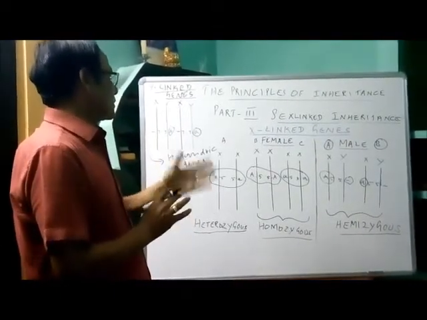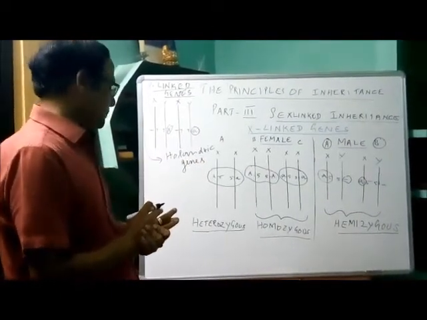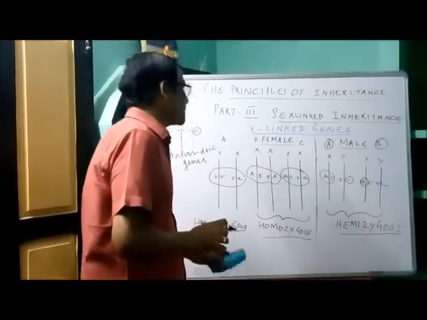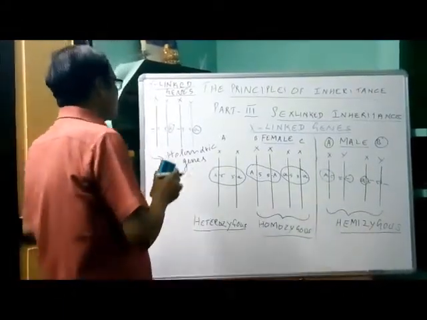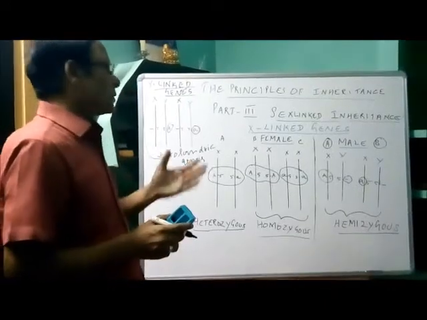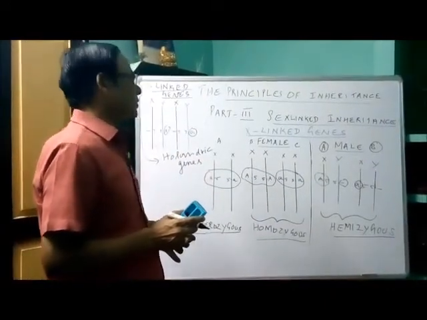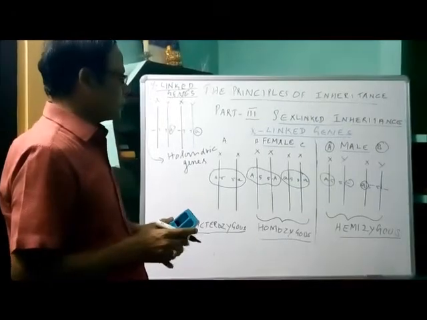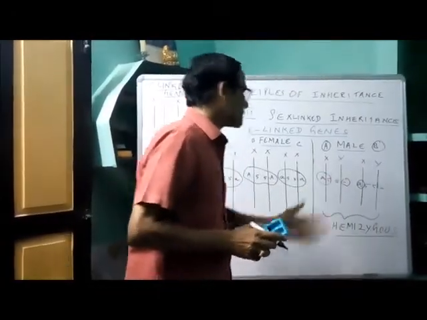Now, X-linked traits are more common in males when compared to females. The reason is that males are hemizygous.